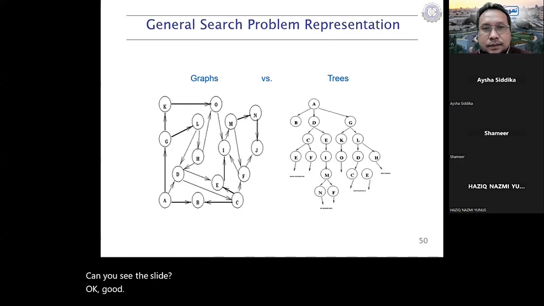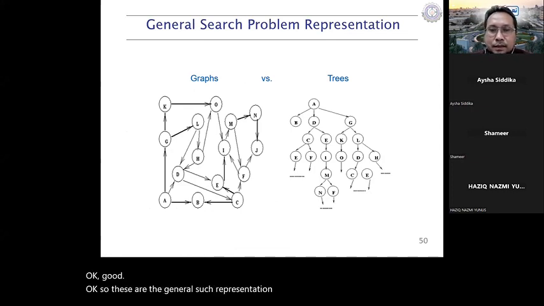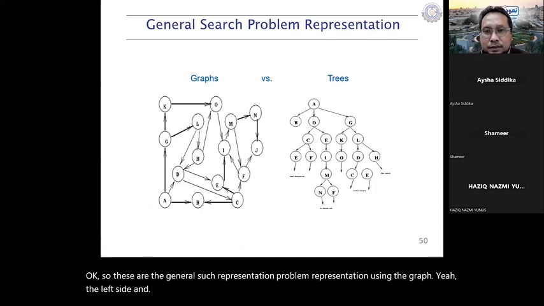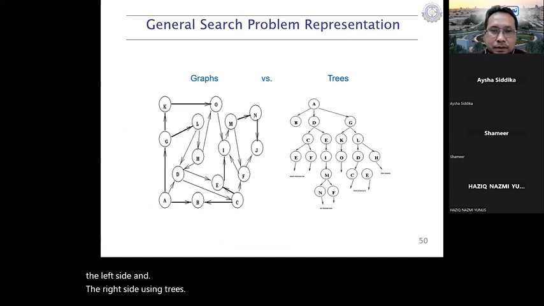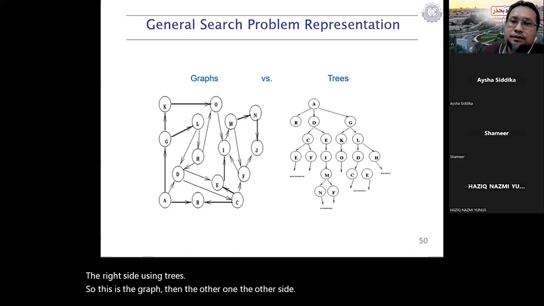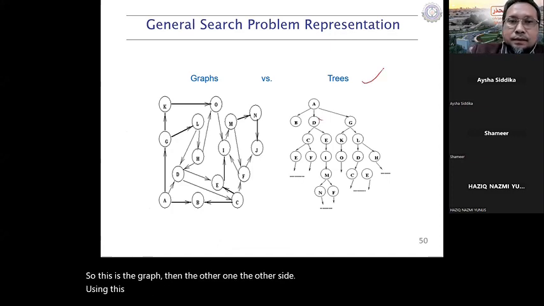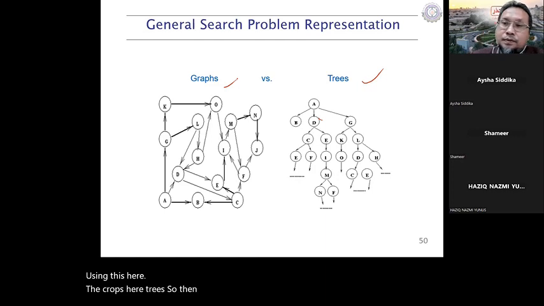Okay, so these are the general search representations, problem representation using a graph on the left side and using trees on the right side. So then we can use whichever is suitable.